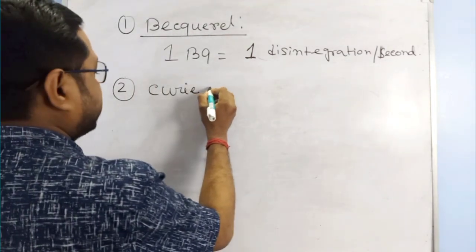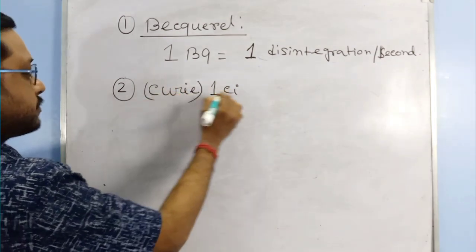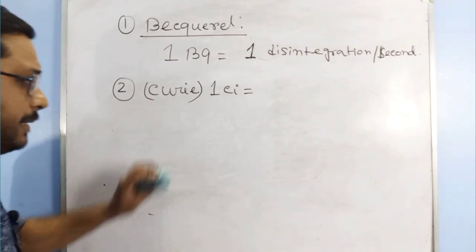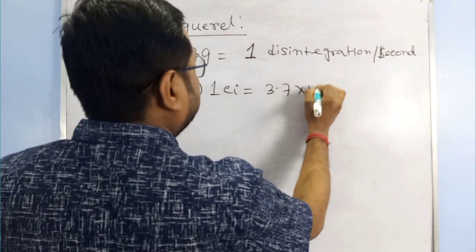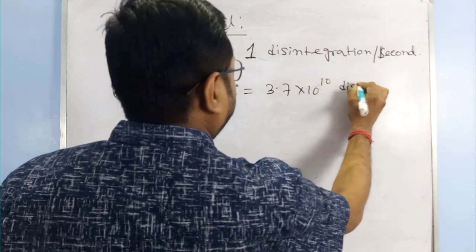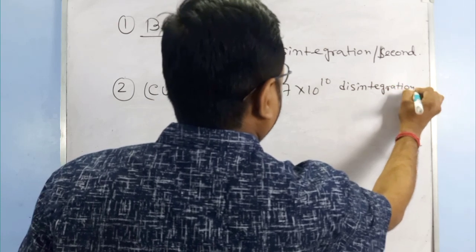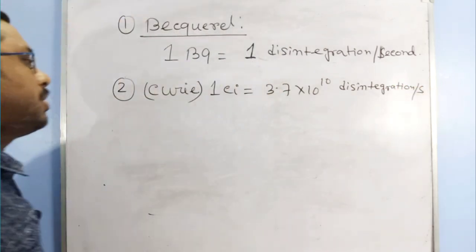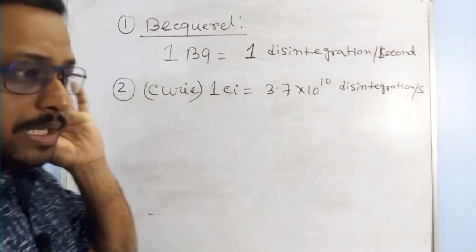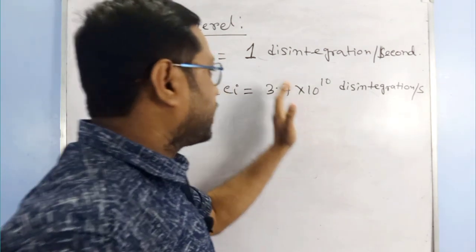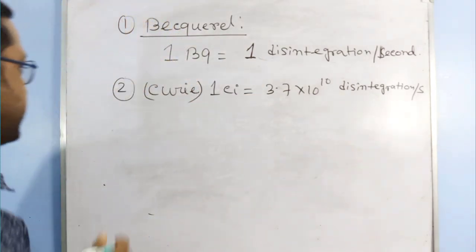So 1 Curie is written as 1 Ci, equal to 3.7 into 10 to the power 10 disintegrations per second. The activity is said to be 1 Curie if the decay of 3.7 into 10 to the power 10 disintegrations per second takes place.